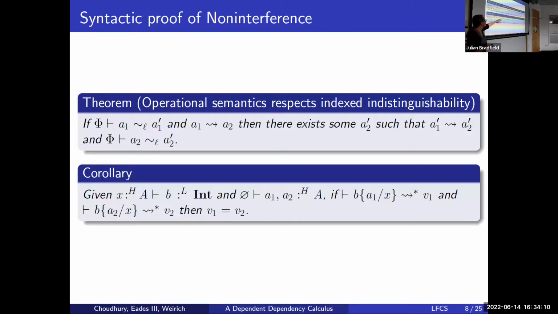If we have B that's type checked at a low level in a context that includes a high variable, and I have two high terms A1 and A2 that I've type checked at high, I could take X and replace it by A1 and evaluate, or replace it by A2 and evaluate. I'm going to get the same answer both times, and that just falls out from these two results and from type soundness.